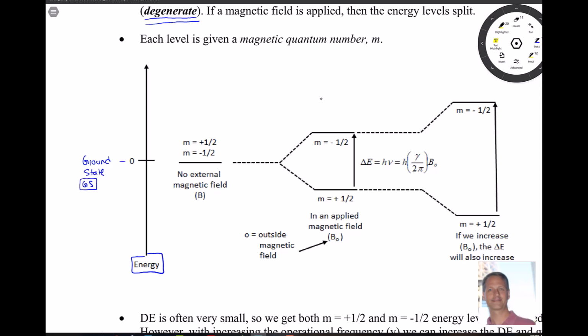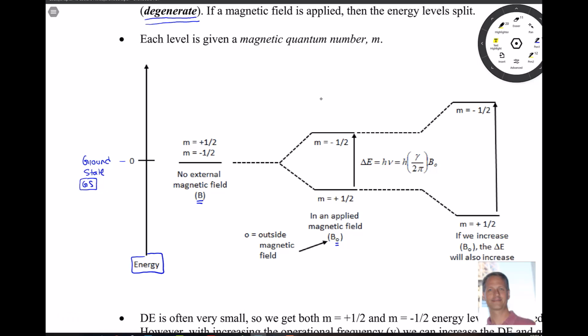Remember, in the absence of an external magnetic field, and we use the letter B to indicate magnetic field, the spins that are up and down are of equal energy. So again, what we're going to do now is apply a magnetic field. So we're moving over here and we put on a magnetic field. That B subscript 0 there means outside magnetic field.